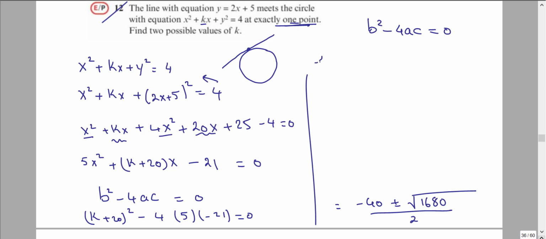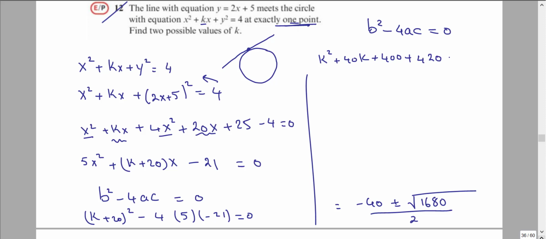Expand this, you get k squared plus 40k plus 400, plus 4 times 5 times 21. What's 4 times 5 times 21? 20 times 21, that's 420.